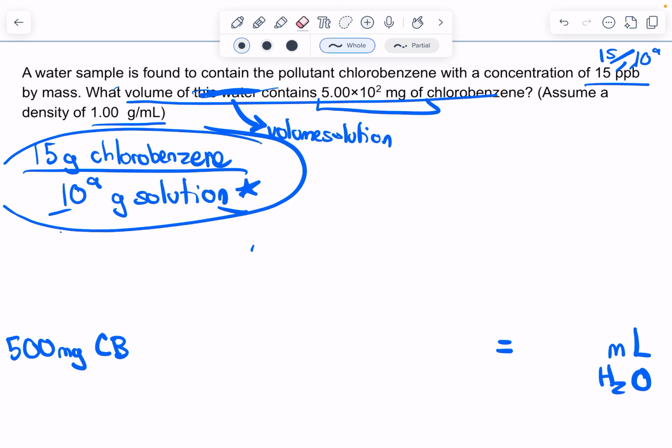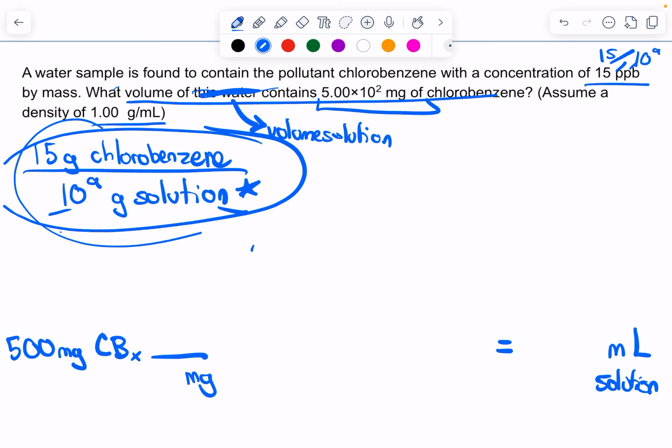Okay, so this says volume solution now. We're going to start with, which means our answer is volume solution or river water, the milligrams of chlorobenzene. I have to convert that into grams because that's what this conversion factor is in. So 1,000 milligrams per gram. And again, these are of chlorobenzene.